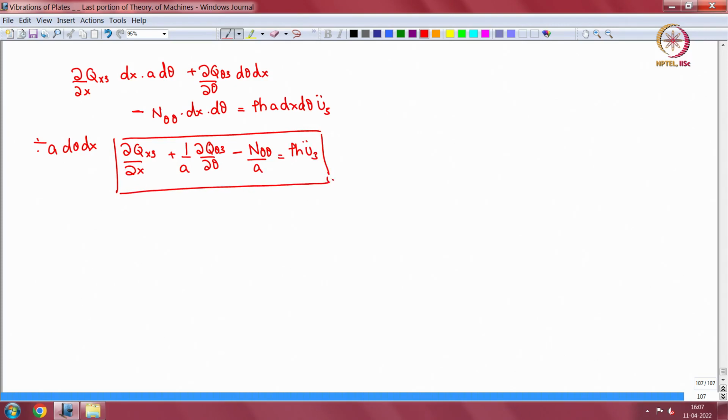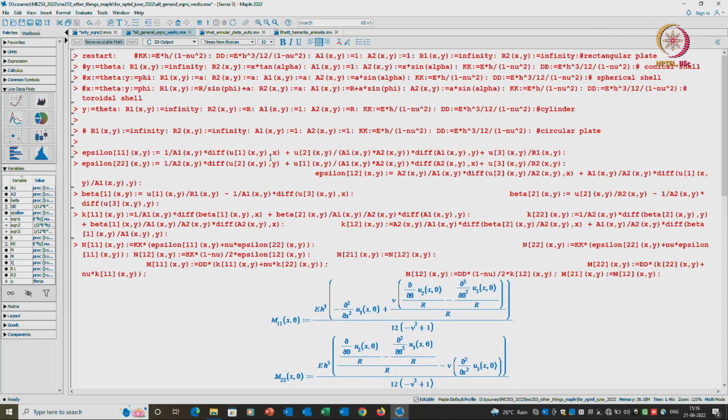Now, let us look at Maple again. As I have spoken before, we have acquired this Maple 22 on a 15-day trial. So here if I turn on the cylinder related Lamé parameters and radii of curvature, I will get cylinder equations. So let us run those.